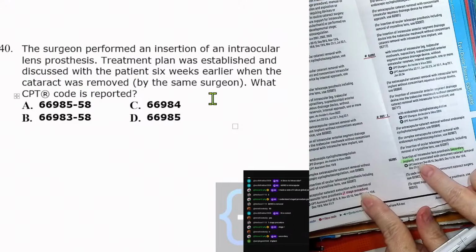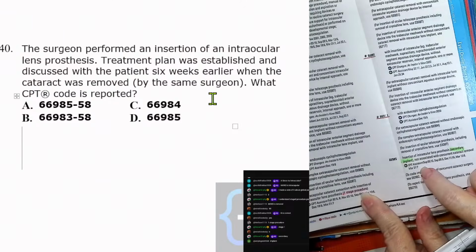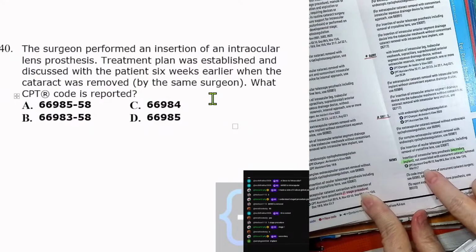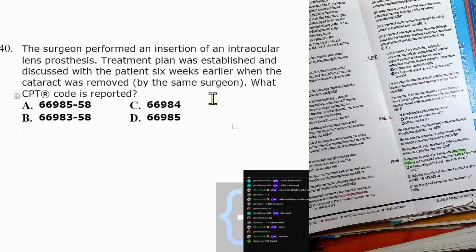Because this was a staged procedure, the brackets direct you as to which code to pick. If all you knew was the code number and what was in the bracket, which code would you pick for this answer? Because this patient had a prior surgery 6 weeks ago that was staged. Yep, secondary, because this was staged.